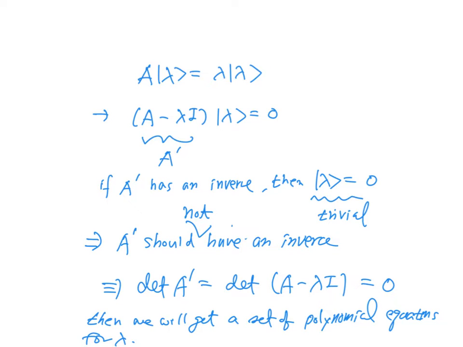So let's consider some example. I will let you review the previous statement. Obviously A is Hermitian, right?